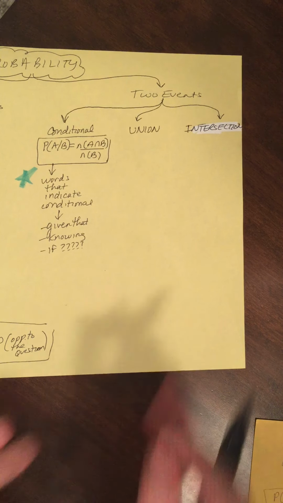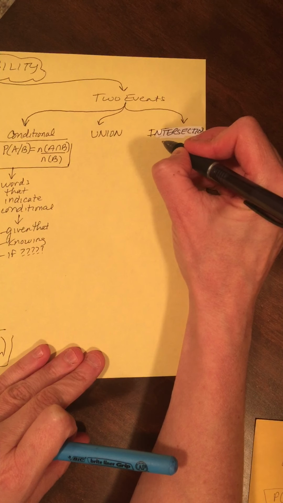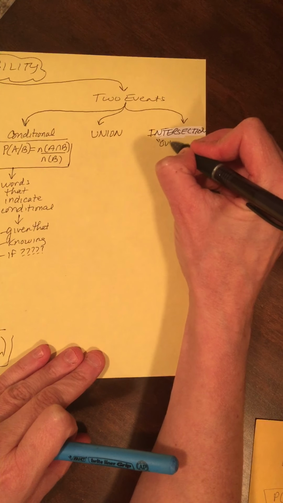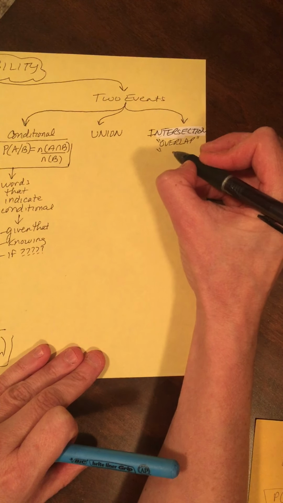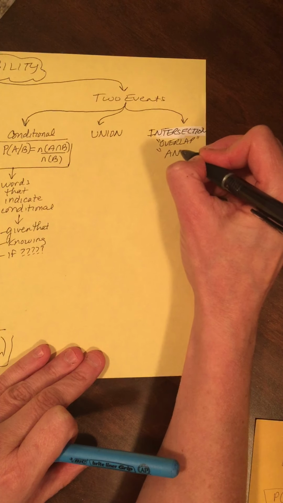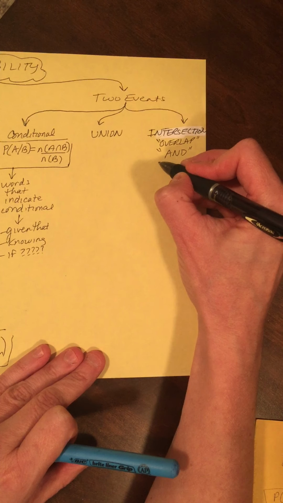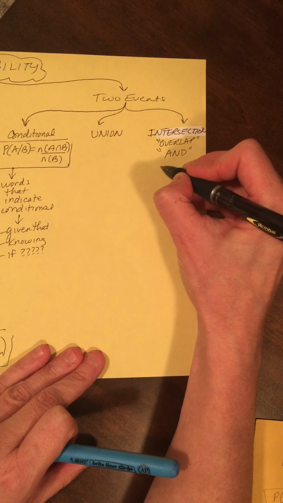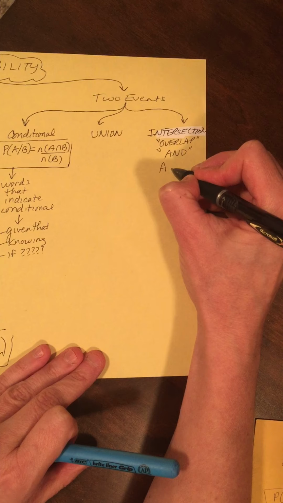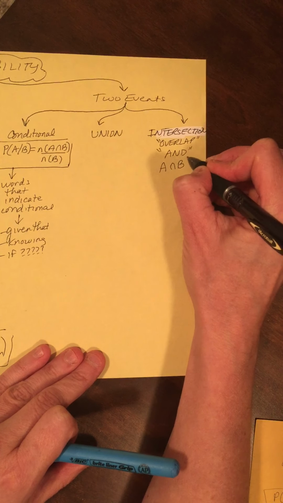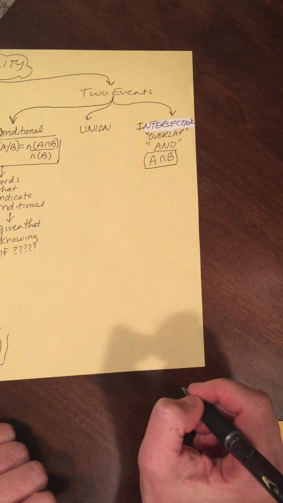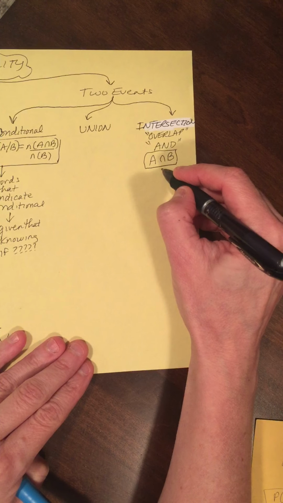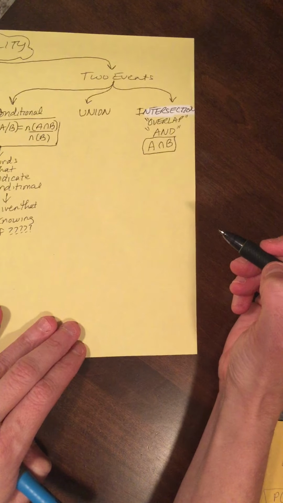Let's scoot over and do intersection. Now, we know that the intersection can also be called overlap. We know that the intersection usually and always is the and the classic symbol is A, the upside down U, and then the B. Now, what type of questions fan out from these?